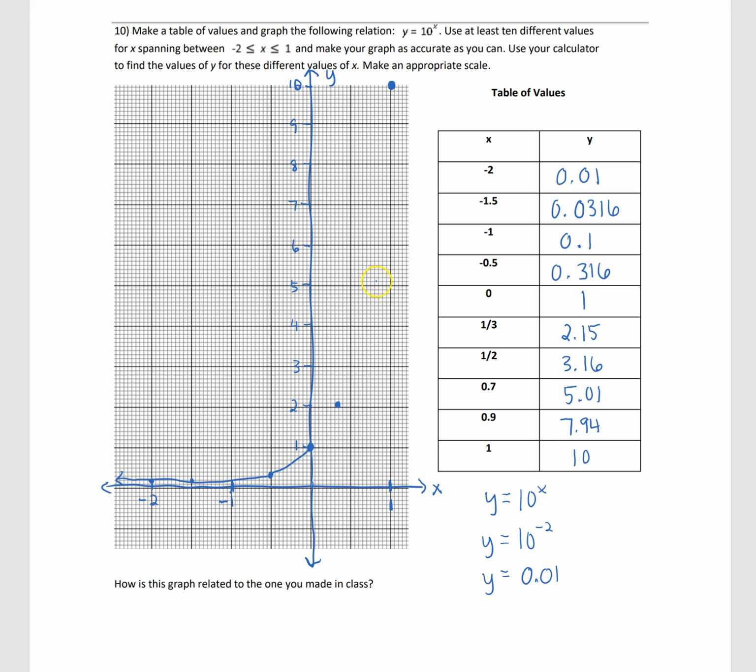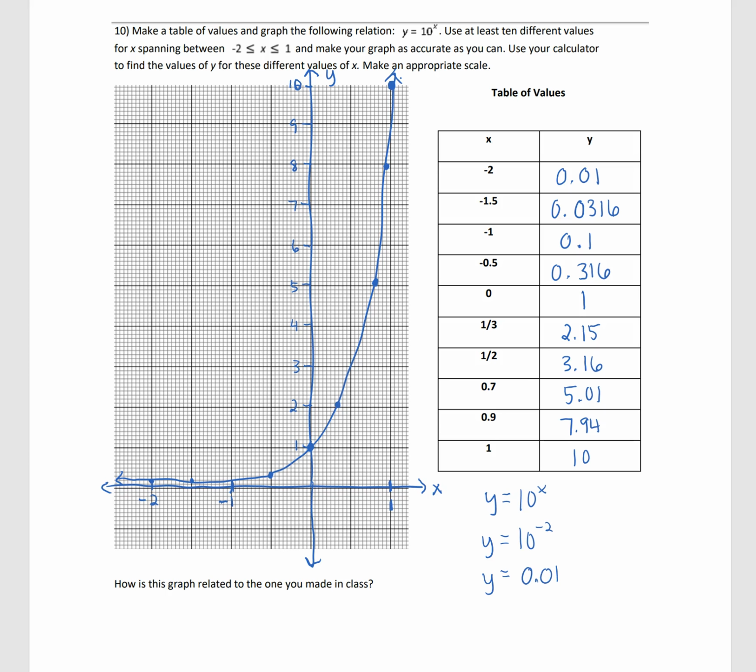So that's around here. When x is 0.9, so almost 1, we're just under 8. So that's about here. We can see that on this side, we sweep up that way. So our function kind of goes like this. Sorry, that line's a bit squiggly, but you can see what the function sort of looks like.